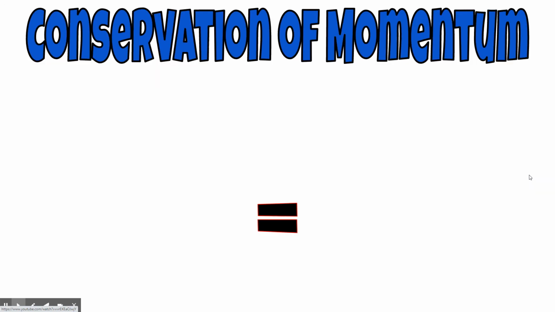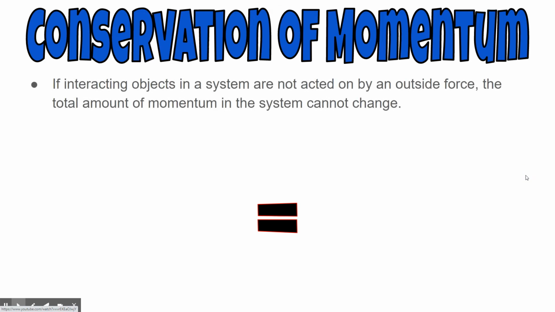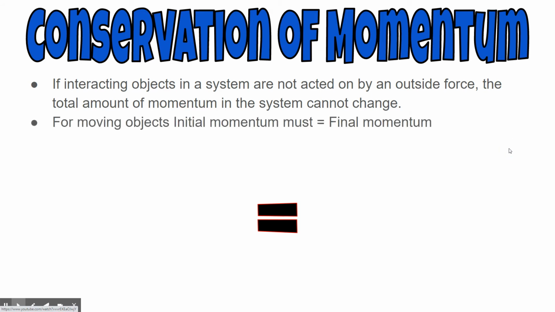That brings us to conservation of momentum. When two objects interact, and they're in a system that is not acted on by an outside force, or a very large outside force, the total amount of momentum in the system cannot change. What that really means is that when objects are moving and they run into something else or hit another object, the initial momentum has to be equal to the final momentum.